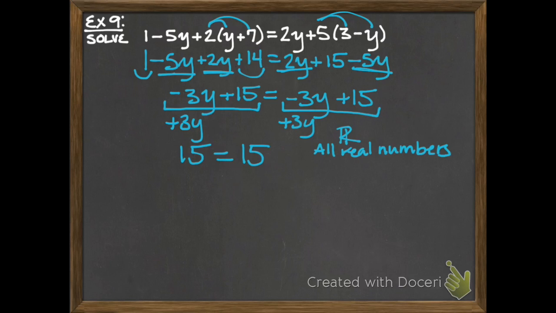No matter what value I pick for y, 15 will always equal 15. So there's no other restriction like some of the earlier problems we worked through. So instead of having one single solution, this has an infinite number of solutions, which is any real number, all real numbers.